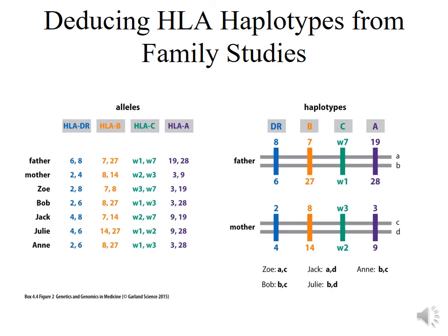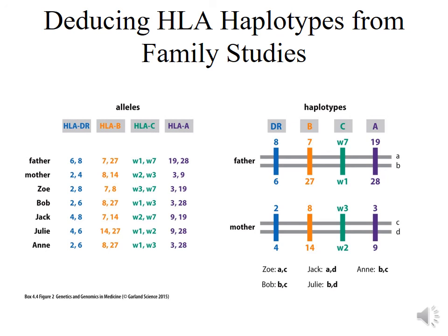Father has 1 chromosome 6 with the HLA haplotype DR8, B7, CW7, A19, and another chromosome 6 with the HLA haplotype DR6, B27, CW1, A28.